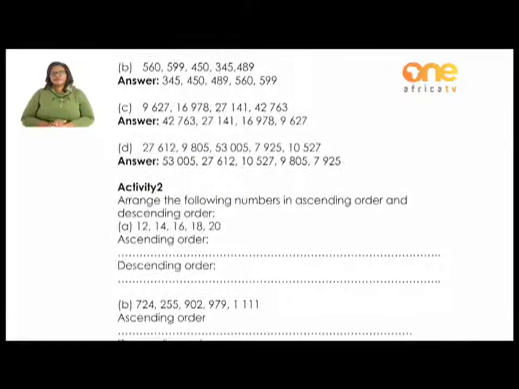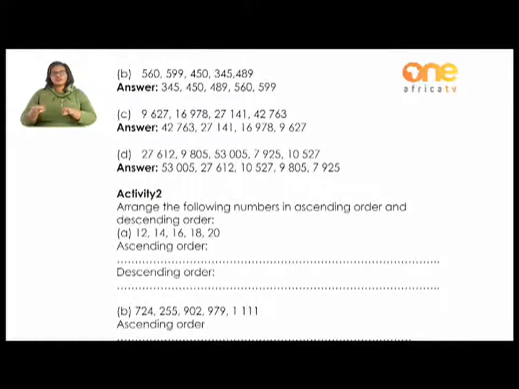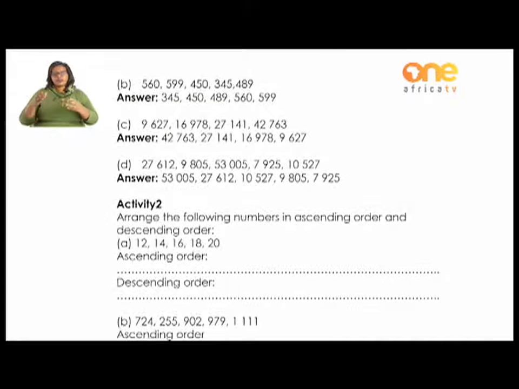Now, we want to select the biggest number there. The biggest number is supposed to be 599, followed by 560, followed by 489, then we have 450. The last one is 345.